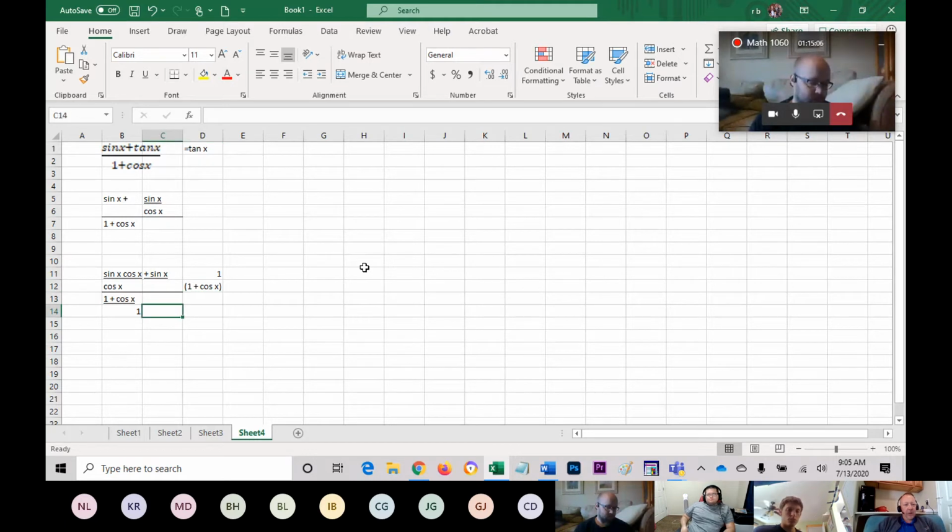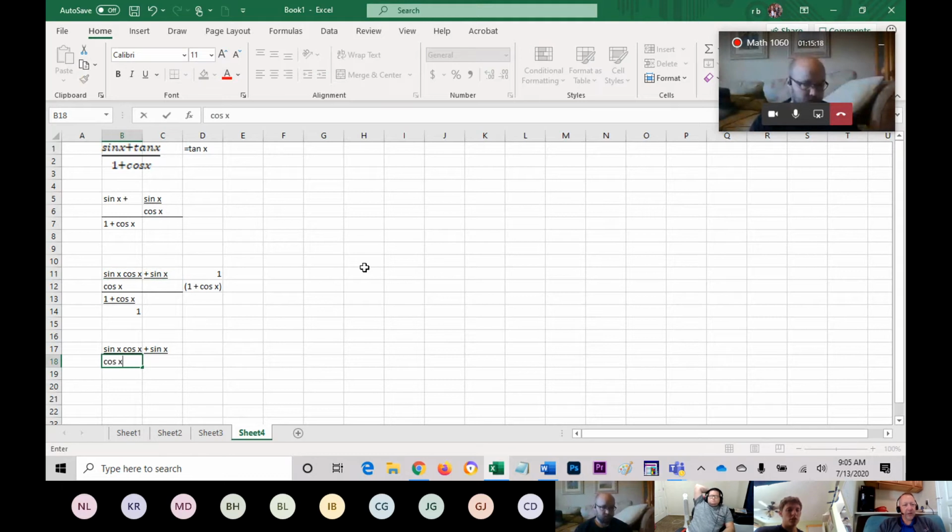And now the numerator is going to stay the same, because that times 1 is still the numerator, right? The denominator is going to be cosine of x plus the cosine squared of x. Okay? Are you with me?